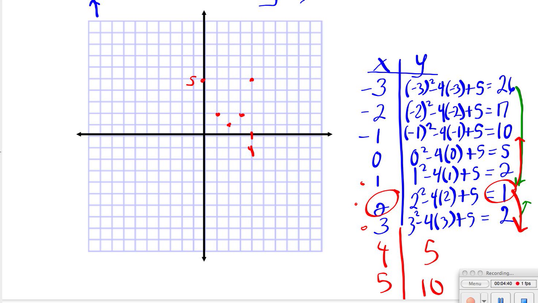So my next point, 5, is also going to be at 10. And the other one was negative 1, 10. And I have my nice U-shaped parabola. So that's the way to graph a parabola if you do not have the ability to factor it and find the zeros. So that is your graph for number 1.